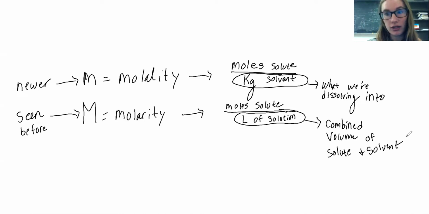The other thing that's different between them: molality is temperature independent, whereas molarity is temperature dependent. What do I mean by that? The density of something can change based on the temperature, so at different temperatures this volume might change. Because the volume might change, your molarity is going to change.